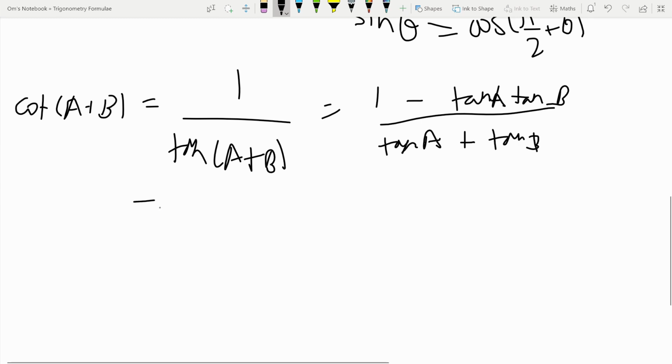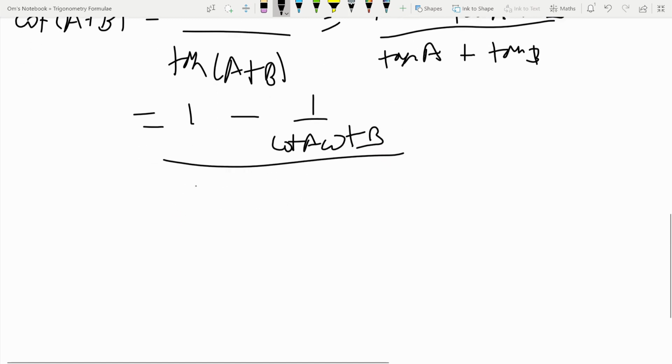And we know that cot theta is equal to 1 by tan theta, so we can write this as 1 minus 1 by cot a cot b over 1 by cot a plus 1 by cot b.